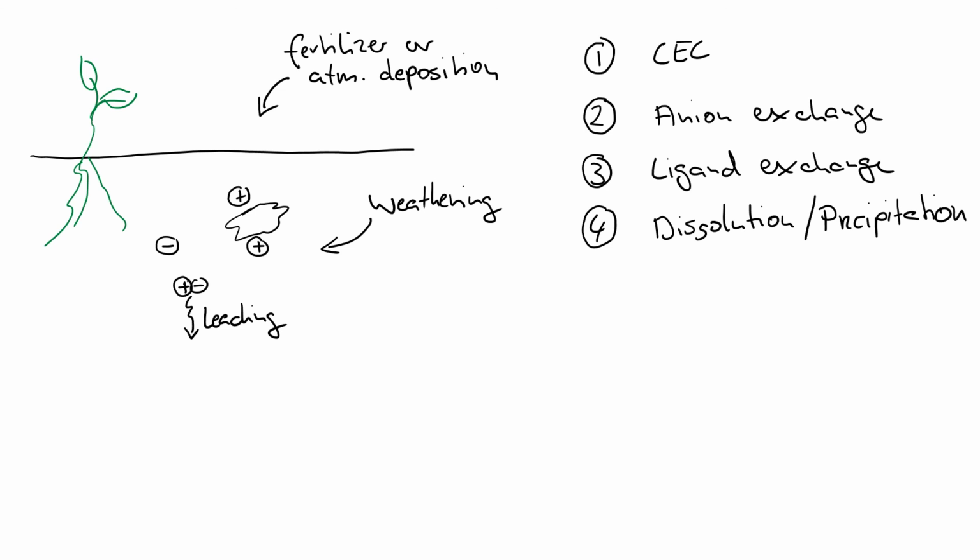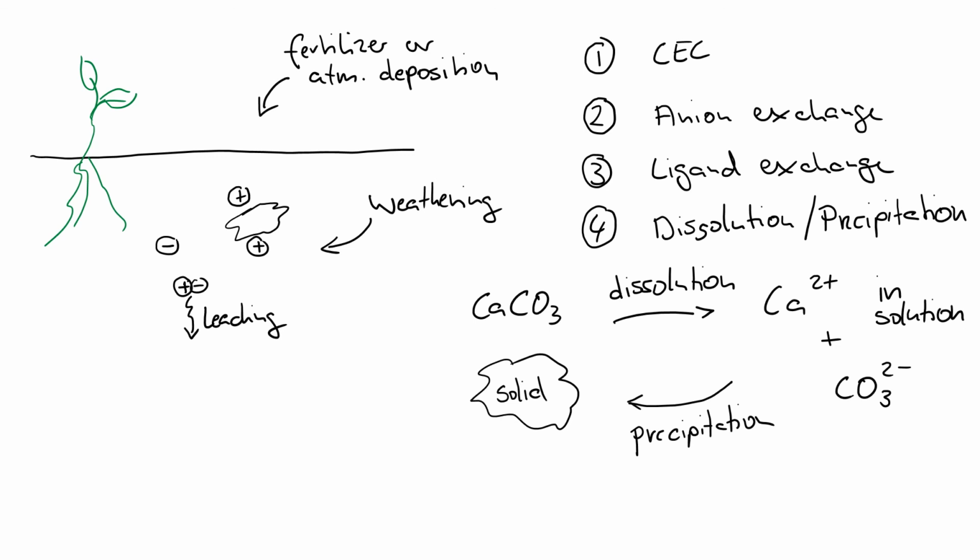The fourth mechanism is dissolution or precipitation. And dissolution is a disintegration or the dissolving of a mineral or compound into solution, like for example a calcium carbonate solid going into solution as calcium ions in a bicarbonate. And this is also a sort of reversible reaction where the calcium in bicarbonate can precipitate out back into a solid.